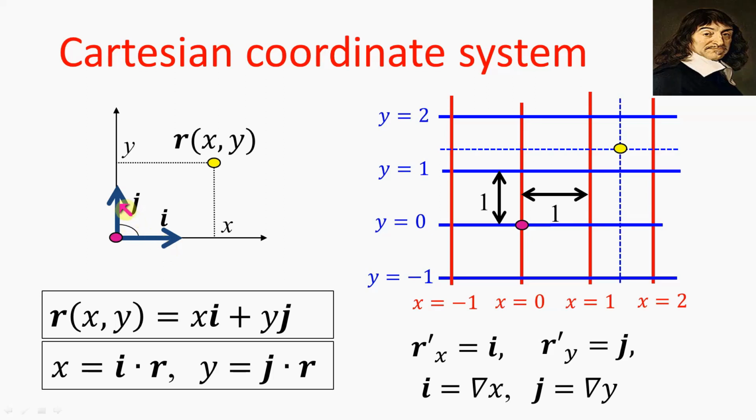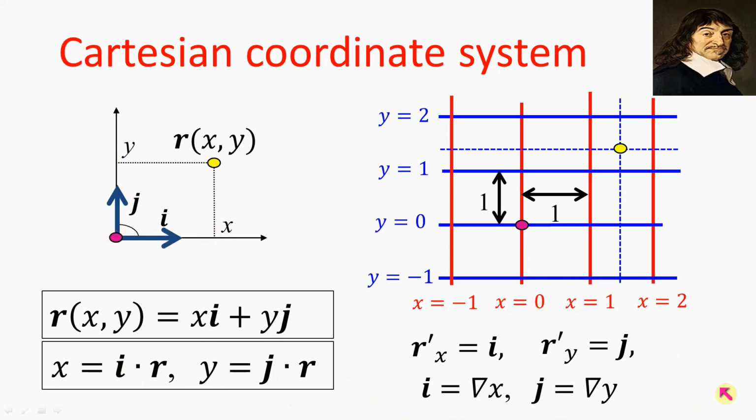With these two unit basis vectors, any point on the plane can be expressed as a linear combination of these basis vectors, where factors x and y are called the Cartesian coordinates. Cartesian coordinates are unambiguous, because if we have a vector r, then we can express x and y unambiguously. This expression is nothing but the projection of r onto the two coordinate axes.